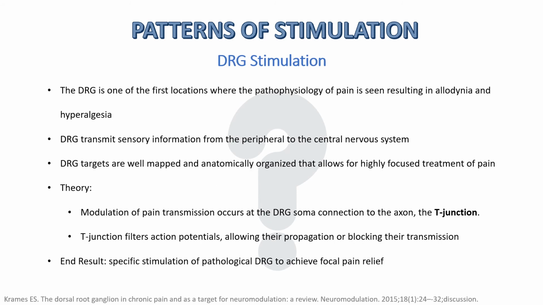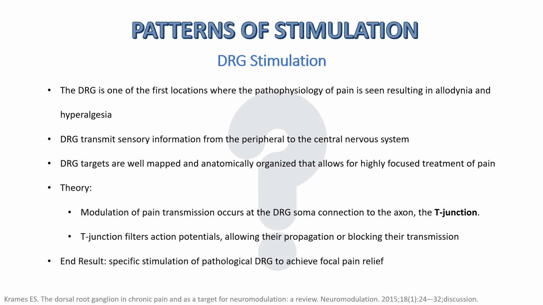Another pattern of stimulation is DRG, also dorsal root ganglion stimulation. DRG targets are well mapped and anatomically organized, allowing for a highly focused treatment area of pain. The theory is that the stimulation modulates pain transmission occurring at the DRG soma, which is the connection to the axon, the T junction.